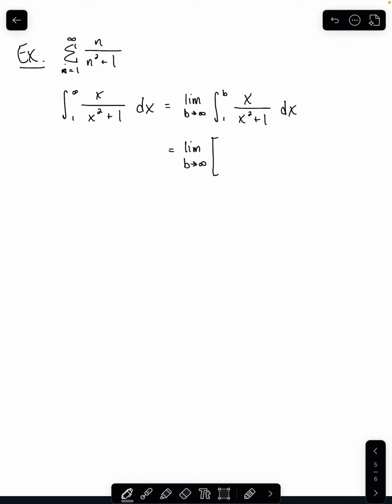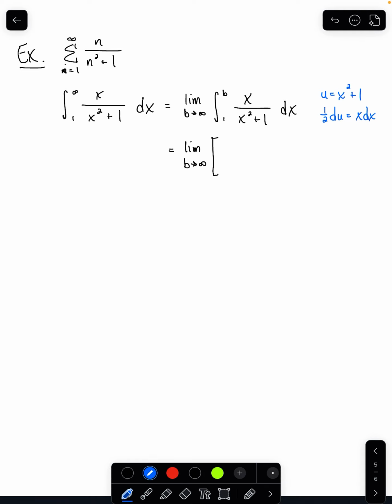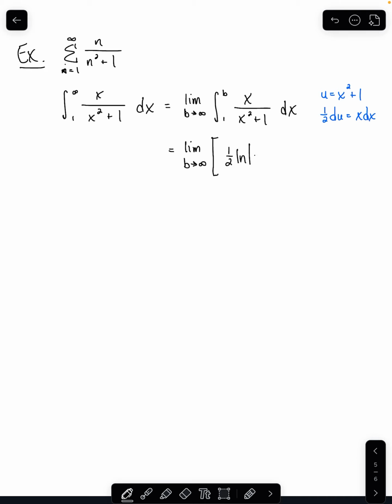A relatively simple integration by substitution. We let u equal x squared plus 1, so that 1/2 du is equal to x dx. And we end up with 1/2 times the natural log of the absolute value of x squared plus 1, evaluated at b and evaluated at 1.